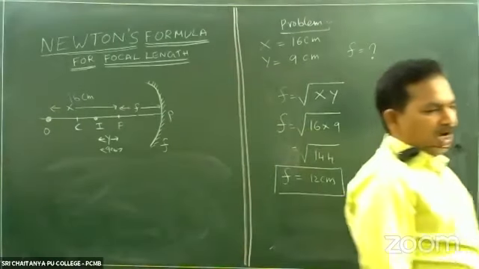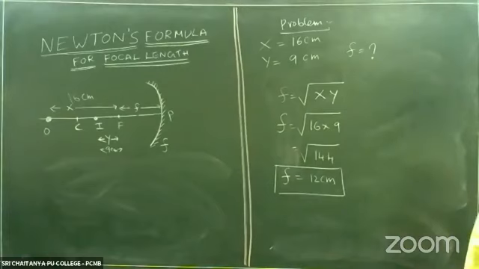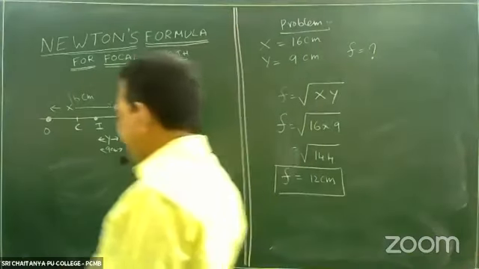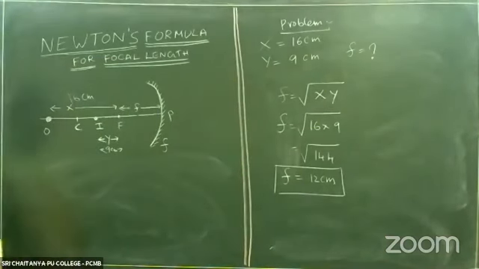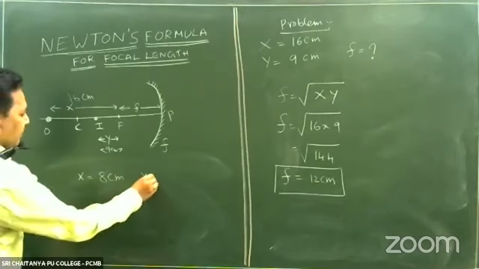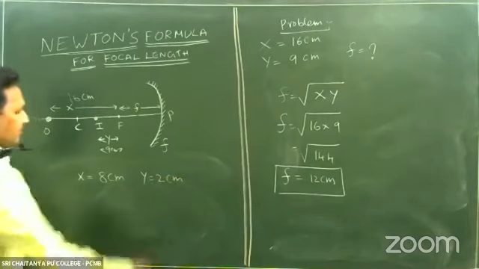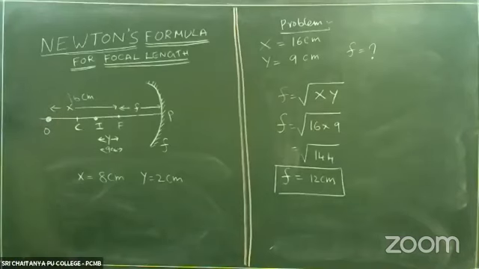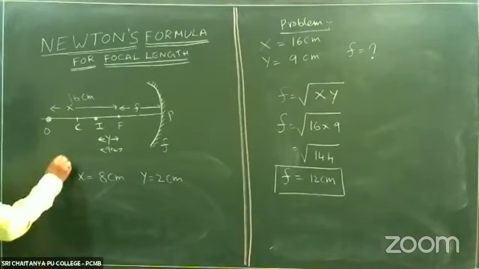The distances of the object and the image are given from the principal focus. Same problem, number 2. x is equal to 8 centimeters and y is equal to 2 centimeters. These are the distances of the object and the image from the principal focus.